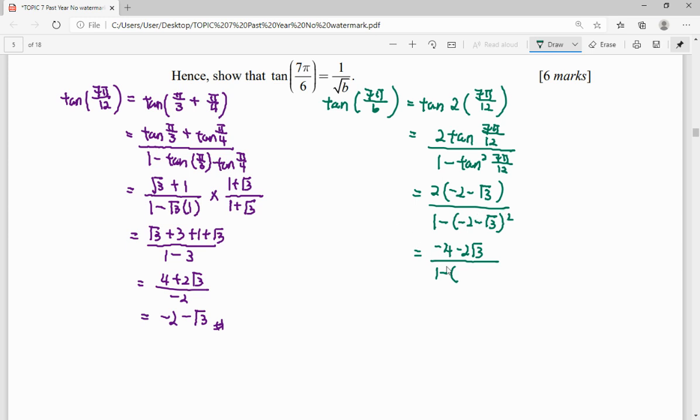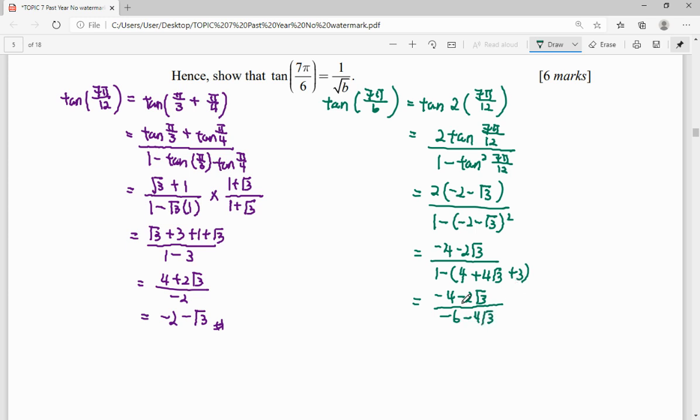So here we will get 4, plus 4 root 3, and then plus 3. We try to simplify this fraction, and we will manage to get negative 6 minus 4 root 3.